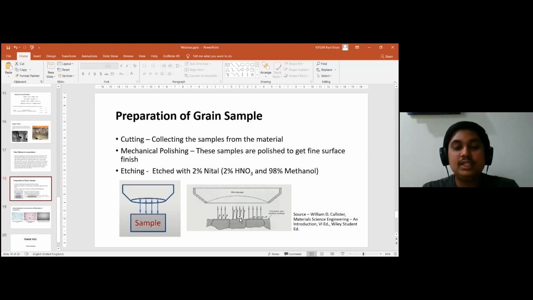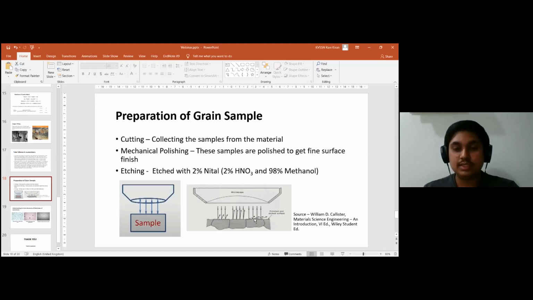Each of them gives a different property to the metal which consists of these kinds of grain structures. Ferrite generally gives us the property of ductility of the metal, and iron carbide gives us the property of hardness and strength.